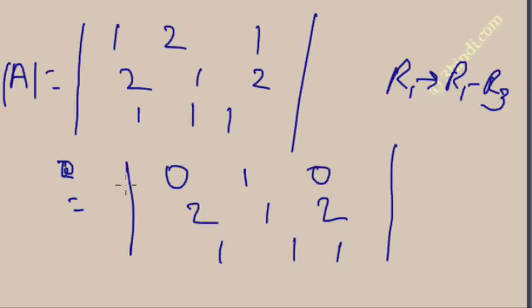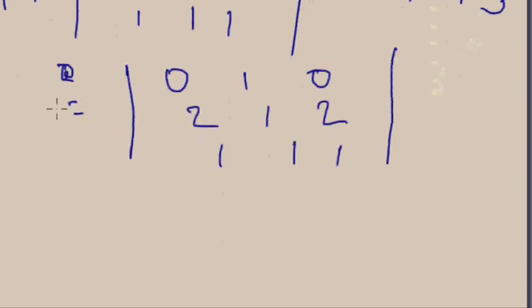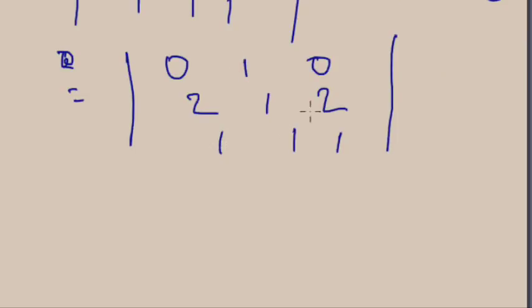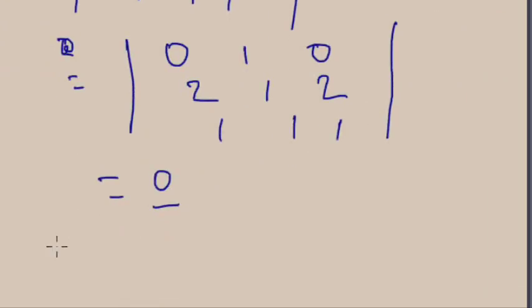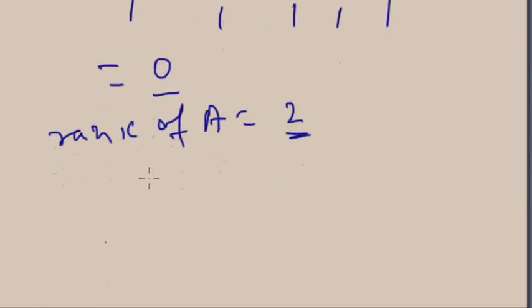Expanding along the first row: 1 into 1 minus 1 into 2 minus 2 into 1, this is equal to 0. So the determinant of A is 0. If you take the 2 by 2 minor 2 1 1 2, the determinant is 4 minus 1, which is 3. So the rank is not 3, but the rank of A is 2.